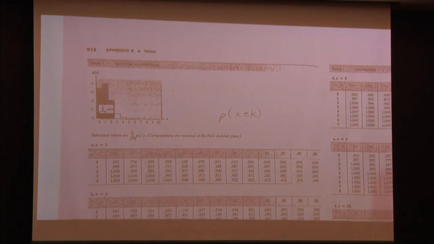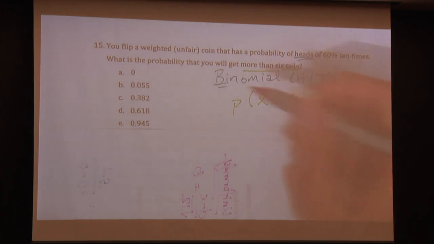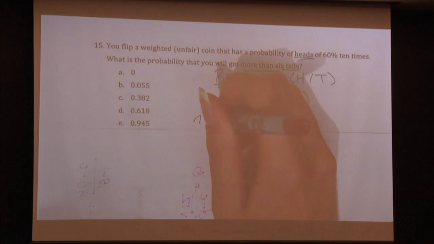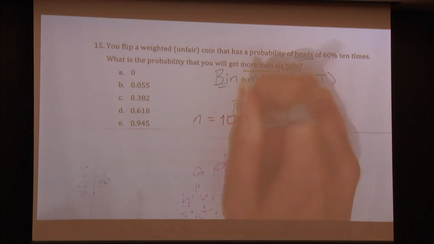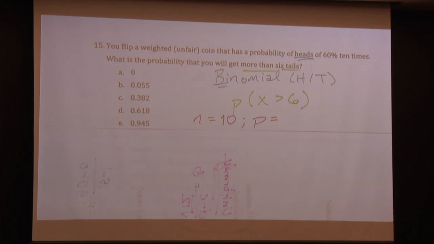So I can see that we have 3 values we need to be able to utilize this table. We have a p, a k, and an n. So for this problem, what's our n? So I heard 10, so the number of times we're flipping it. What's our p? So 0.4.